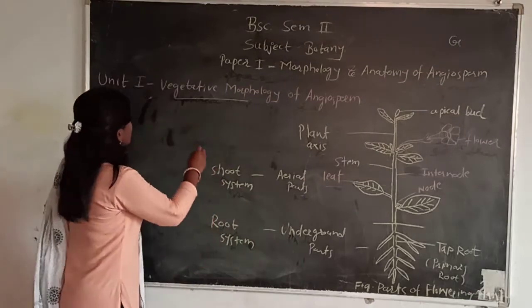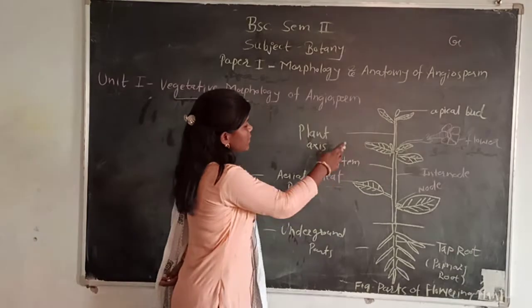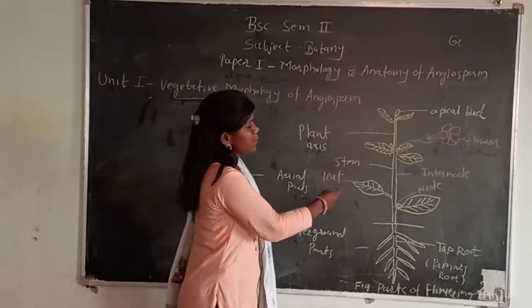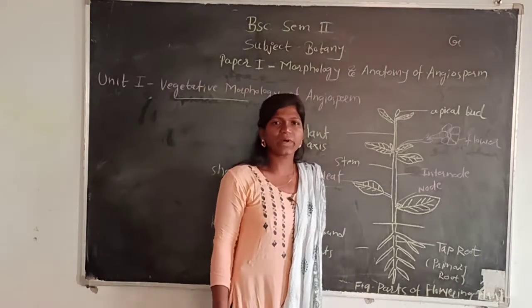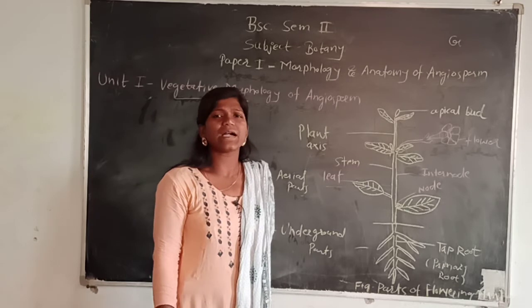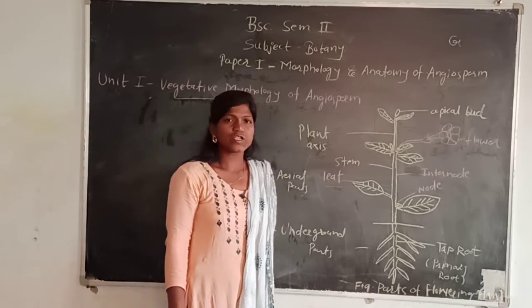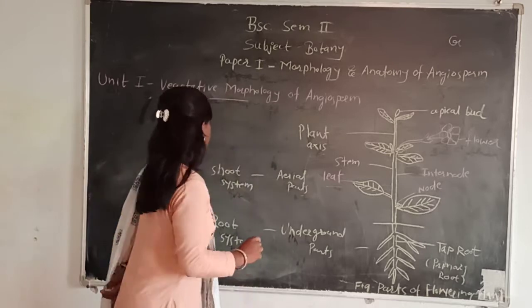Again, what are the vegetative parts? The leaf, root, stem, then flowers and buds are the different parts of the plants, and these parts are called organs.